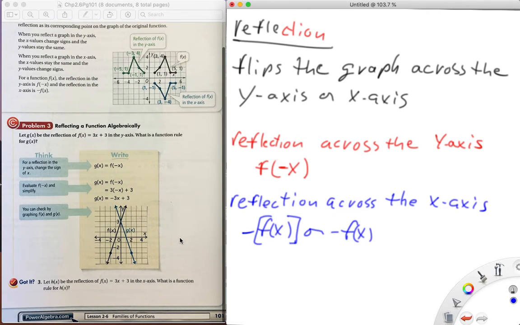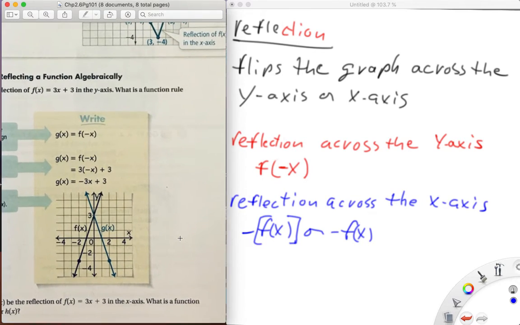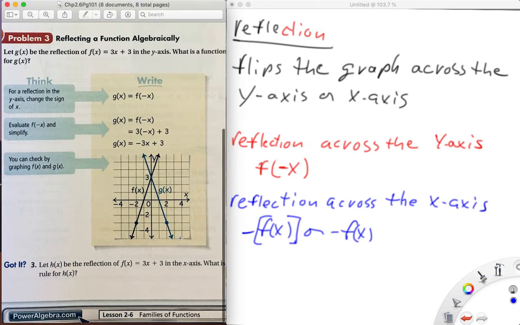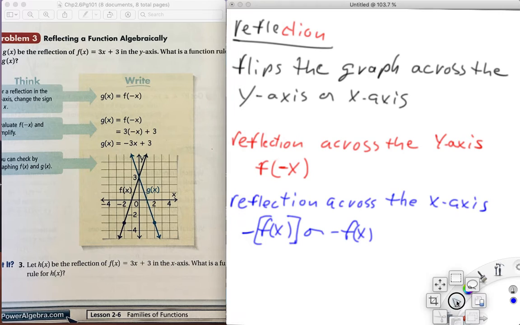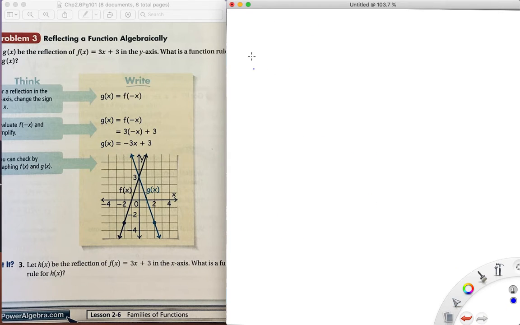So an example of that, we have h of x, which is going to be a reflection of f of x. So we have f of x that equals 3x plus 3.